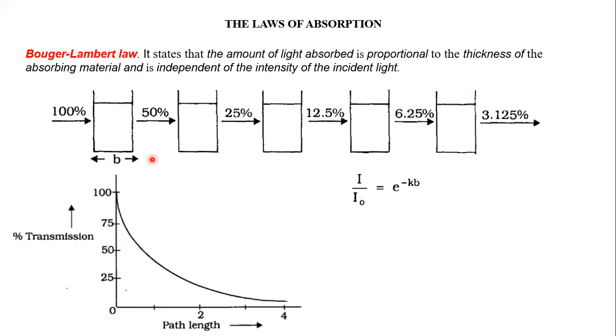So if it is a single gelatin sheet, it will be bright red, right? And if you use two gelatin sheets and now you look at the light coming out, what will it look like? Yes, a dark red, but less bright.